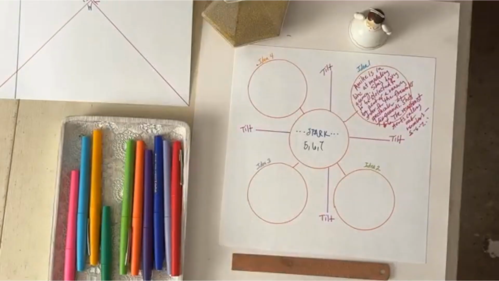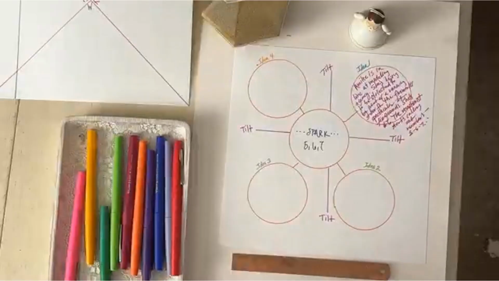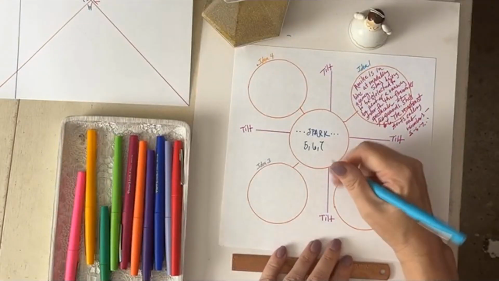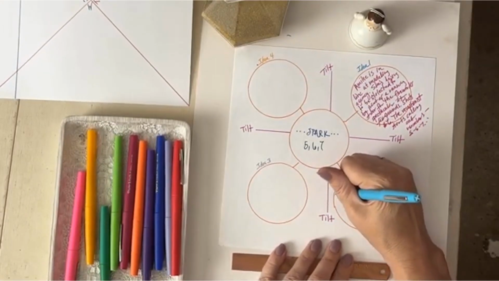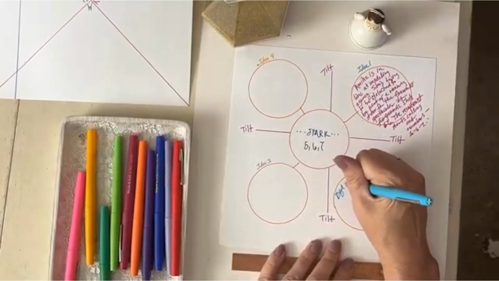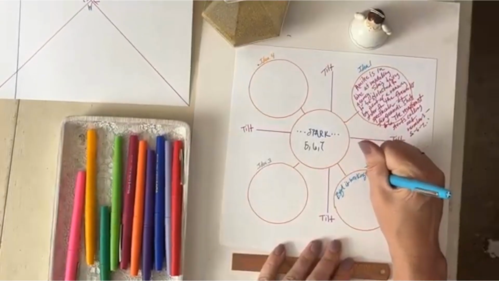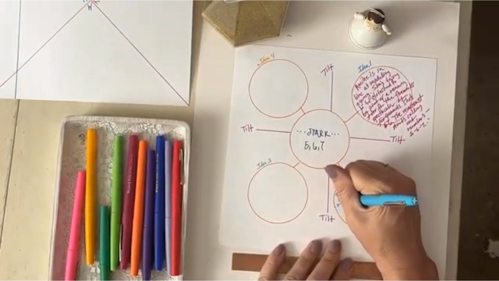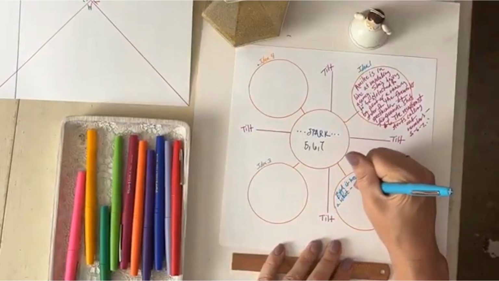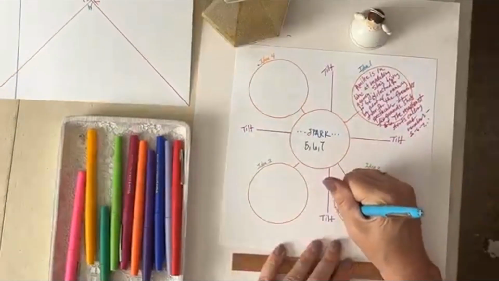Let's go for idea number 2. For idea number 2, we have Boyd. Boyd is working on a robot, a female prototype.